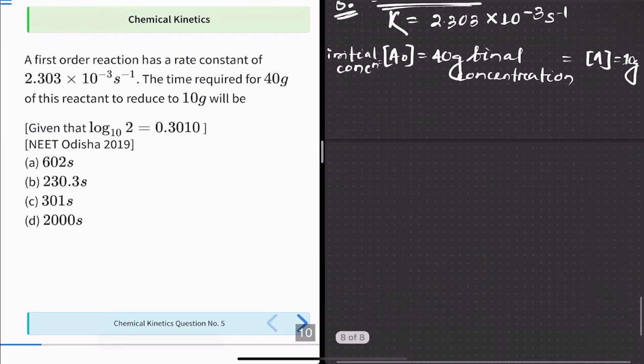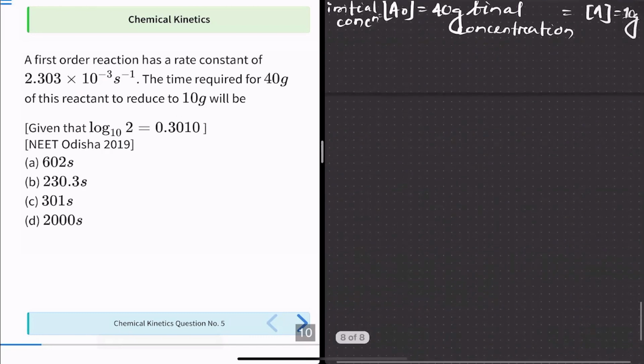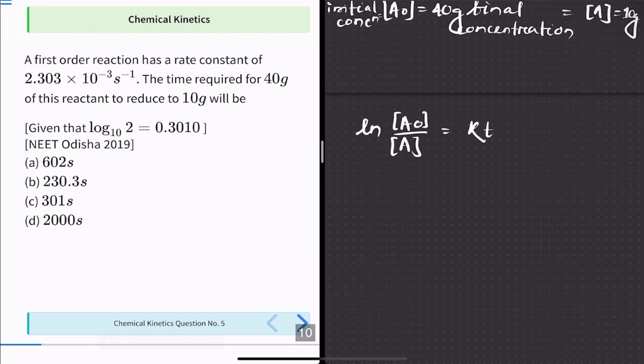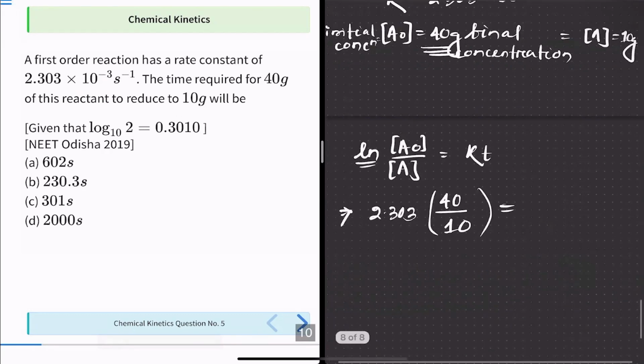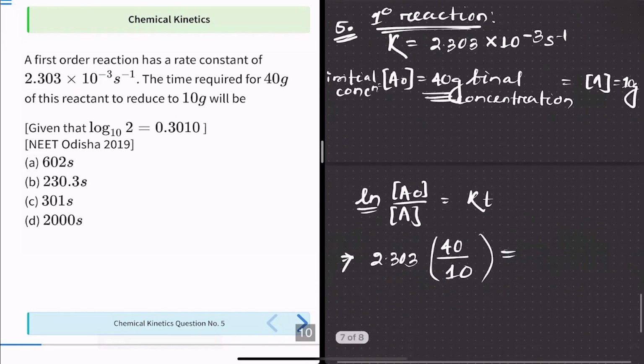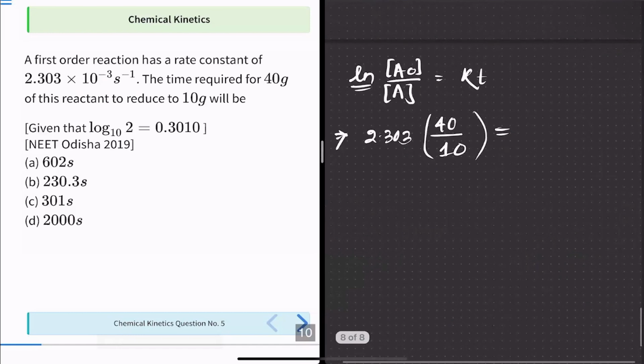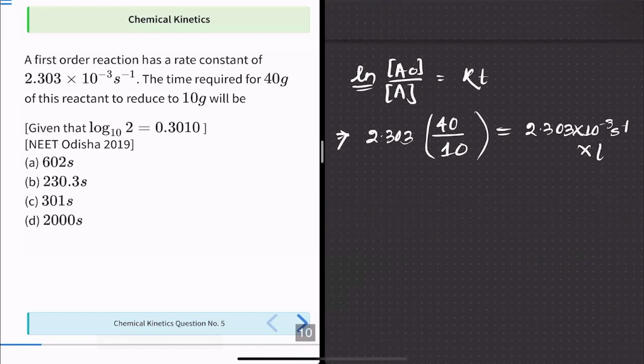Let's put the integrated equation of a first order reaction. ln A naught divided by A equals kt. If we convert ln into log 10, it would be 2.303 log. A naught is 40 and A is 10, equal to k, given as 2.303 into 10 to the power minus 3 per second, into time.